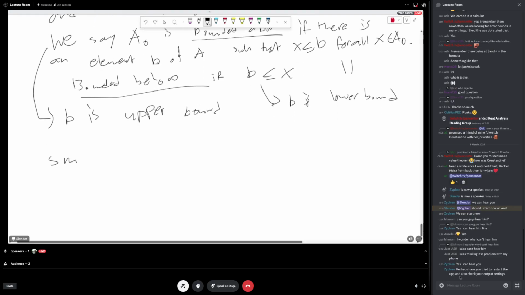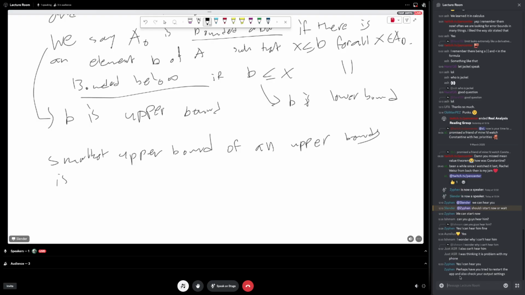The smallest upper bound of all upper bounds is called the least upper bound, or we also call it the supremum of the subset.